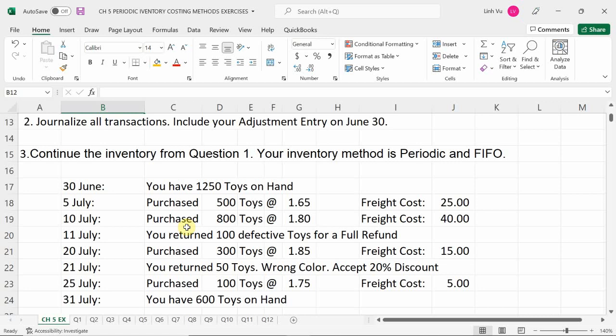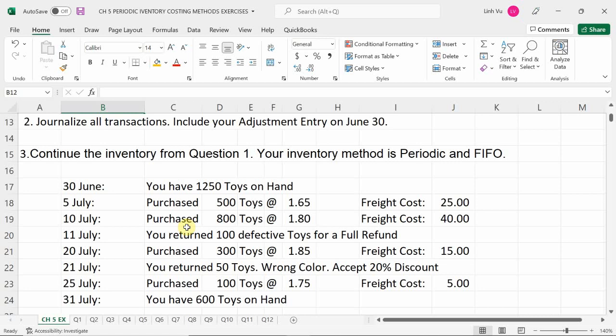But again, of course we look forward. We see that on July 11, we have to make a return. Now, if you're going through this as a real business, you're not going to know or predict that you're going to make a return anytime soon, because the first thing is to ensure that when you receive your inventory, you check if all the items are there.